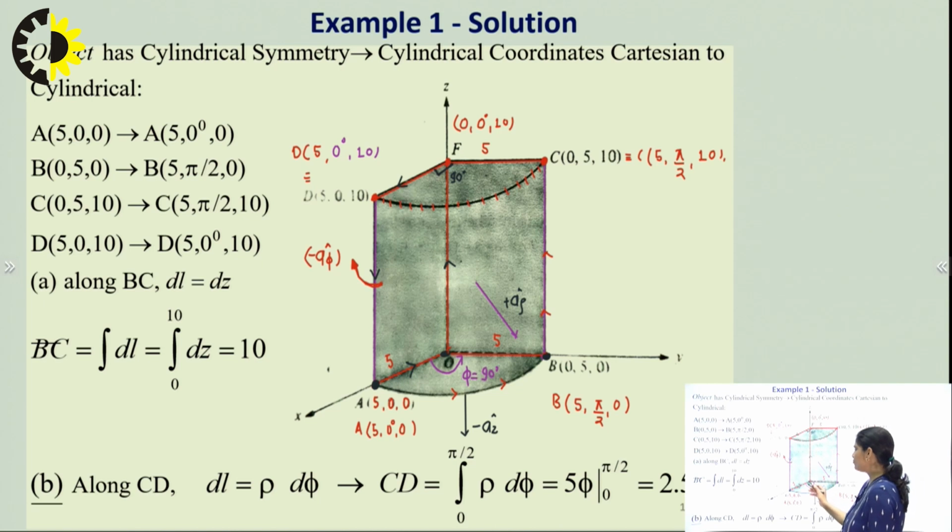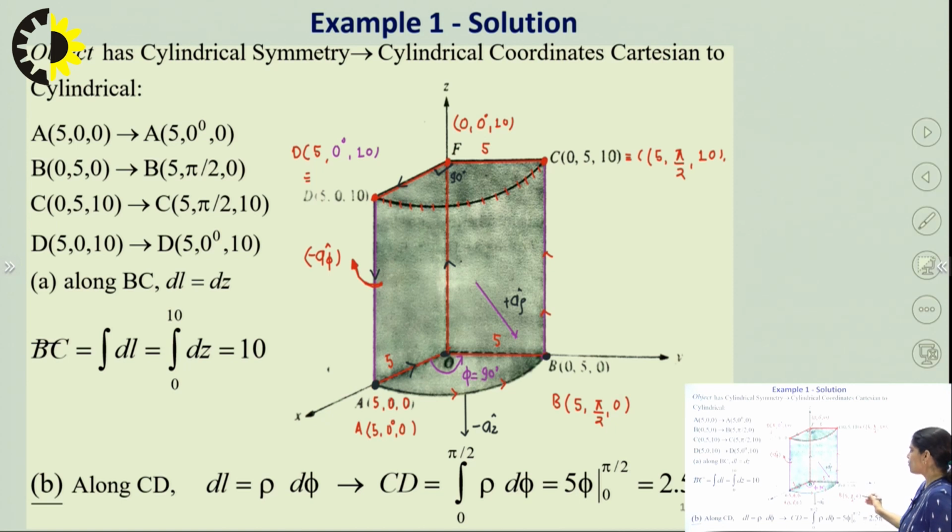So you can easily find phi is equal to 90 degrees. Angle between x-axis and y-axis, write down phi is equal to 90 degrees, so write it like this, pi by 2, comma, z. Here z is 0.